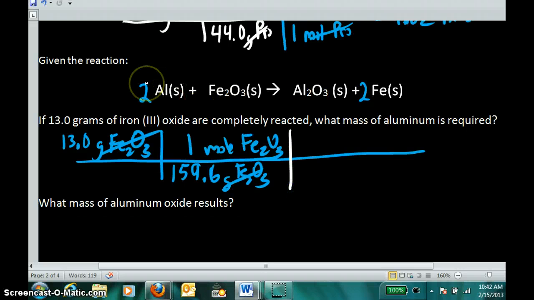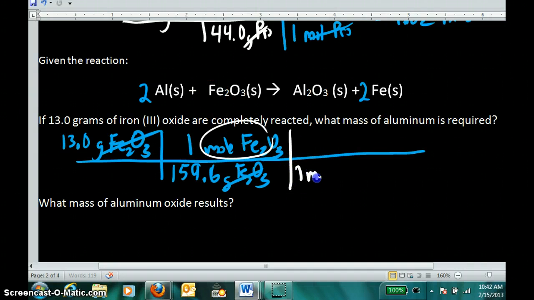Here's where our relationship comes in once we're talking about moles, because for every 1 mole of iron 3 oxide that I consume in this reaction, I'm going to need 2 moles of aluminum. The rest is easy then, and the rest is not stoichiometry.